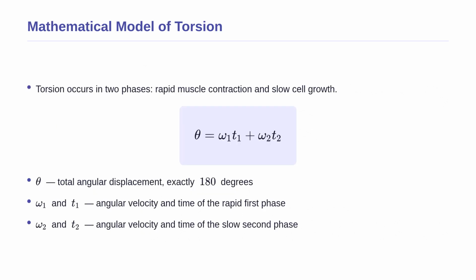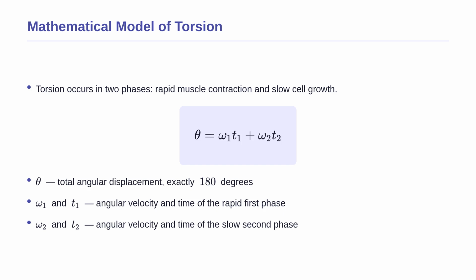While torsion is a biological marvel, we can actually understand its mechanics using basic physics and kinematics. The rotation happens in two distinct phases: a rapid phase driven by muscle contraction and a slower phase driven by uneven cell growth. We model this with the formula theta equals omega-1 times T1 plus omega-2 times T2.